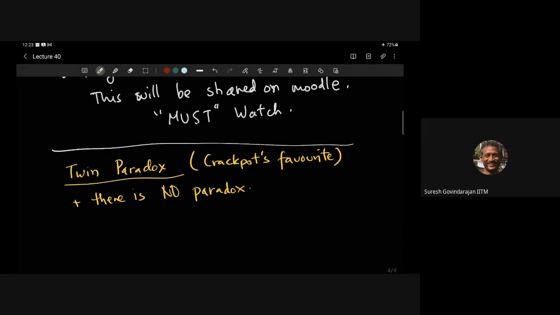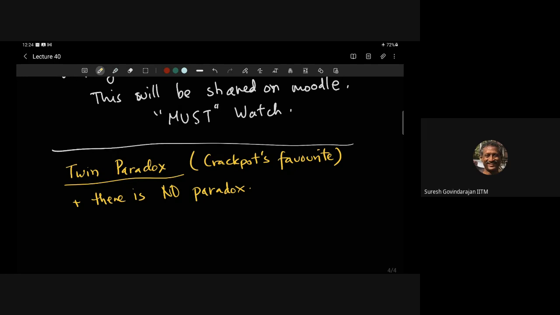So there is a symmetry in that, but in this problem there is an asymmetry. To go and come back, there is only one person who has to feel accelerations, that is, non-inertial motion. Somebody has to accelerate first to go to some high speed, then decelerate to turn back and come back at the same speed, and then decelerate further to stop.